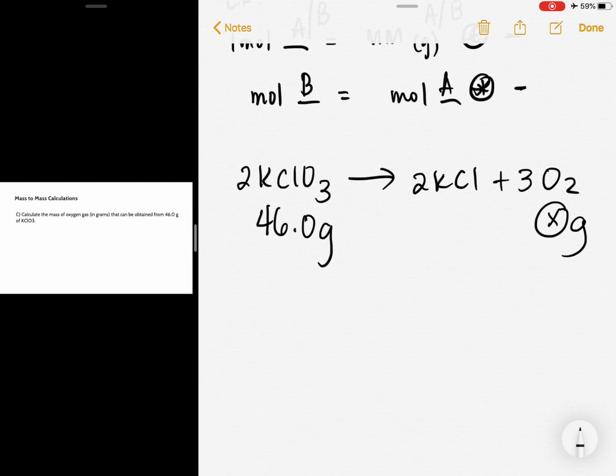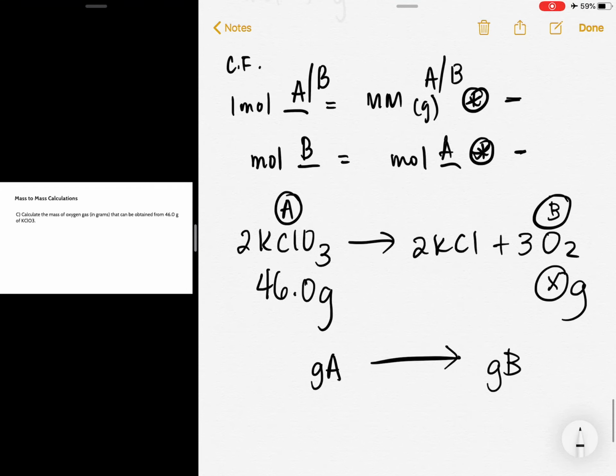So let's say that your potassium chlorate is your compound A and your oxygen is your compound B. So technically, ang gustong mangyari dito sa problem is from gram ni A, i-convert mo siya to gram ni B. Hanapin mo yung gram ni B. So, if you're going to look at our conversion factors, wala tayong conversion factor na from gram ni A papunta dun sa gram ng compound B.